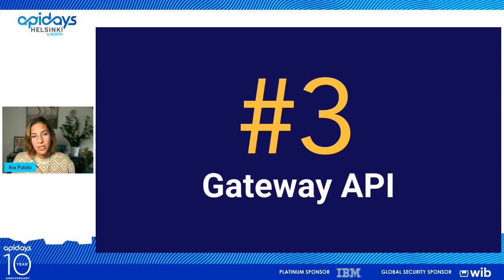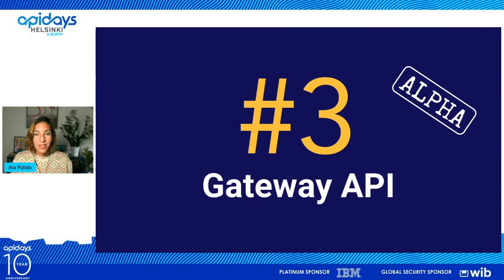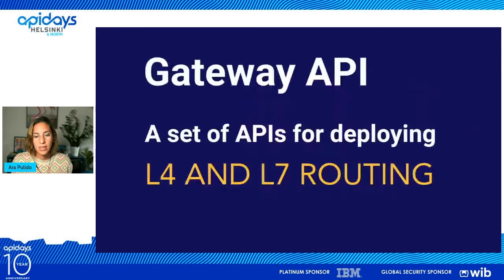Which brings us to something that tries to solve this, which is the Gateway API. And this is alpha, that's why I said that it's something that you will be able to use in the future. This is a new API in Kubernetes that aims to be a set of APIs to deploy L4 and L7 routing. And this is one of the first differences between Gateway API and Ingress.